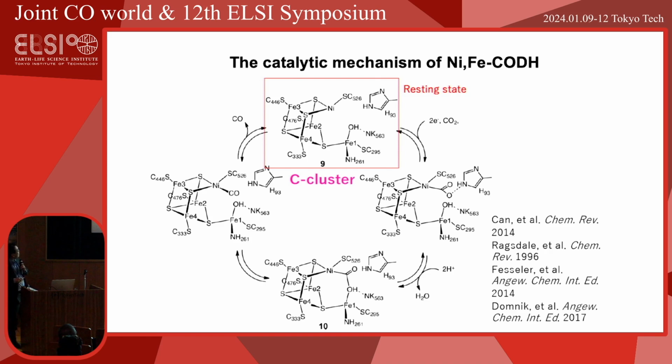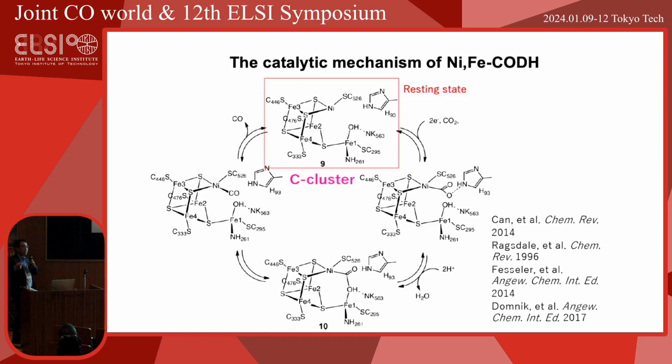Also, the C cluster reaction mechanism has been intensively studied. So this red box figure is the resting state, the starting point for the catalysis. First of all, the CO2 molecule is attached to the nickel ion to make a nickel-carbon bond, an organometallic bond.